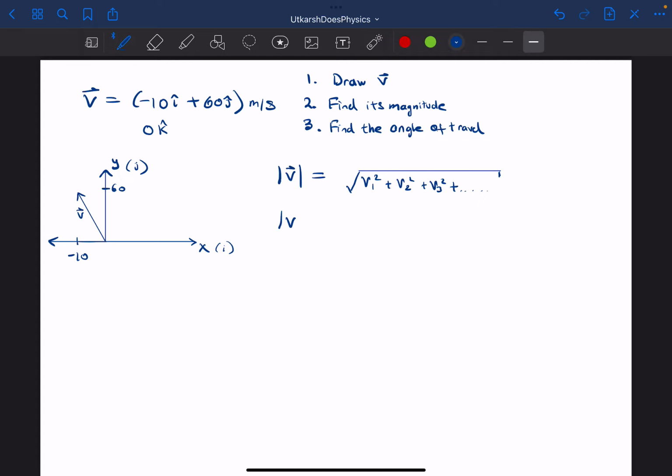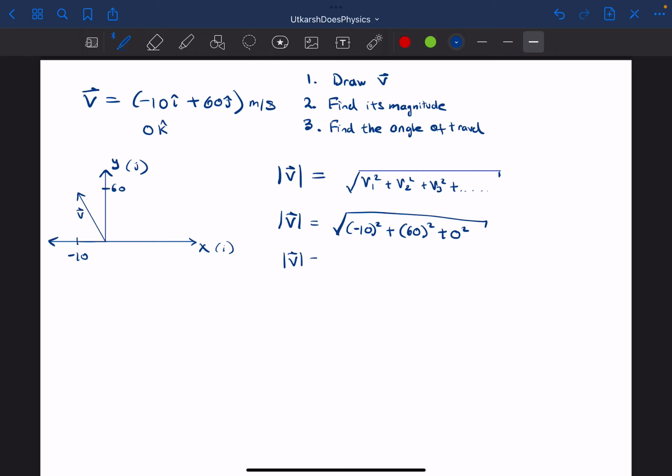So the magnitude of v is equal to v1 squared, which is minus 10 squared, plus v2 squared, which is 60 squared, plus v3 squared, which is 0 squared. And we're working in 3 dimensions here, so we do not have any extra dimensions. That fancy stuff you're going to find out later in maybe year 3 or year 4 when you do general relativity.